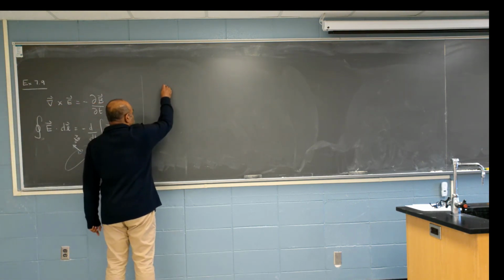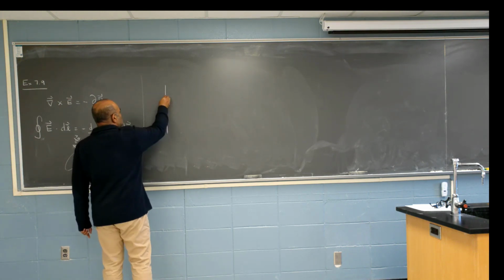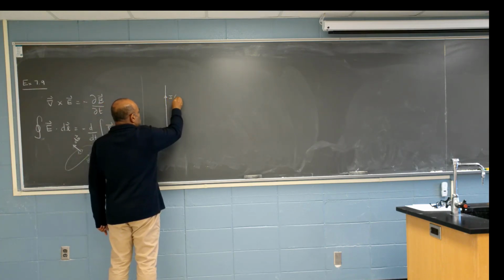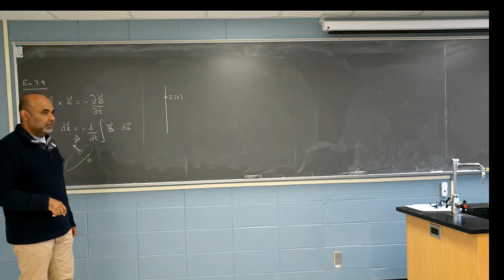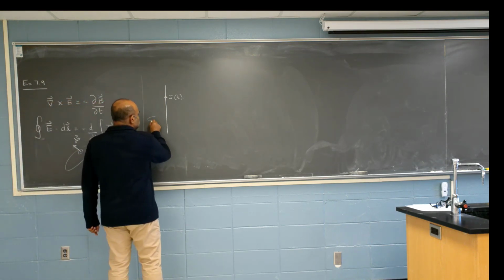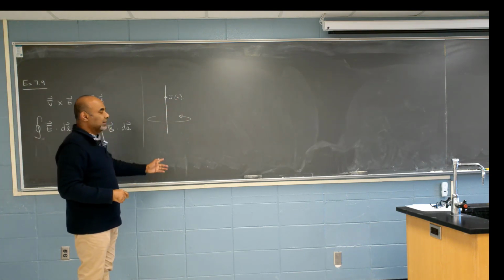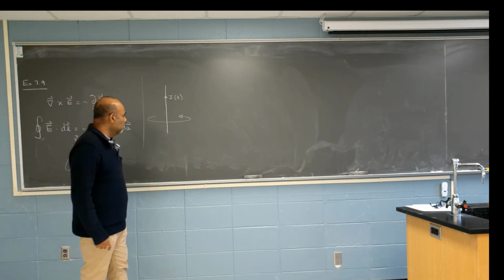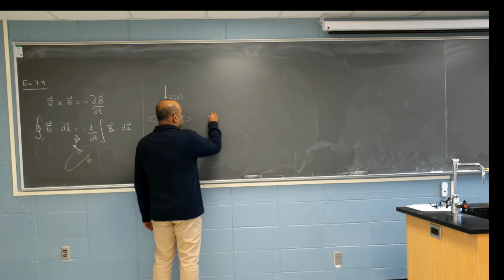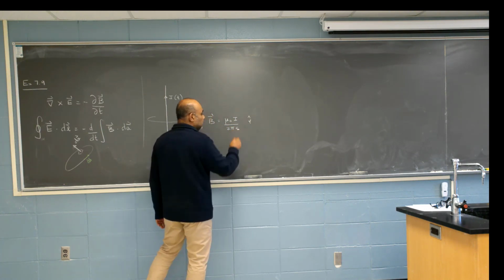So what you have here in this problem, this is example 7.9, you have a current. But this current is a function of time. So, as you know, if the current weren't a function of time, the magnetic field would curl around the wire using Ampere's law, and it would be mu 0 I over 2 pi s in the phi hat direction.